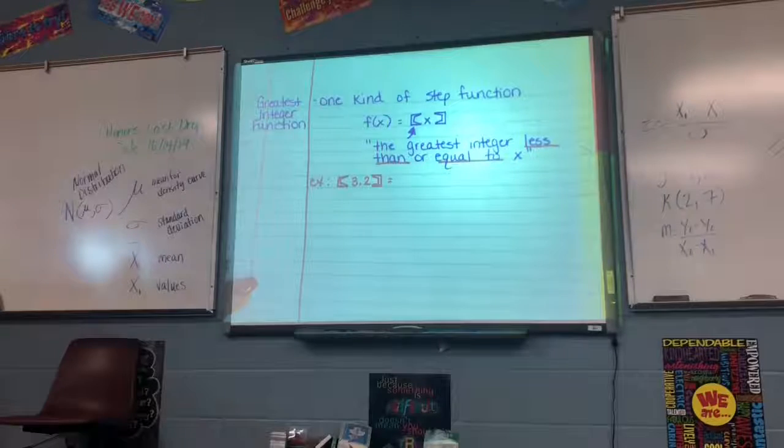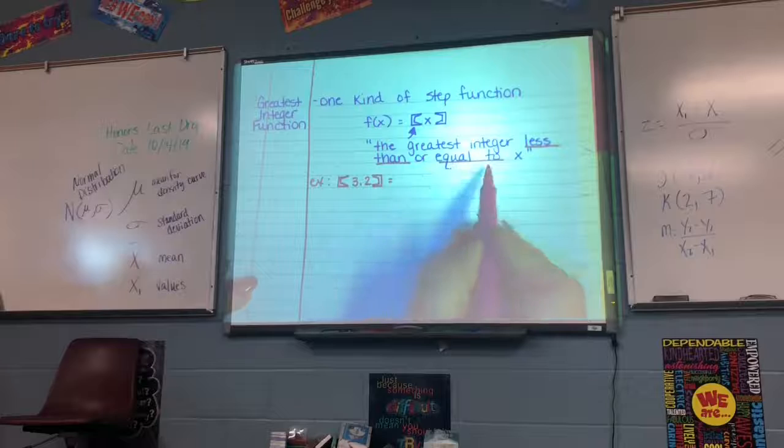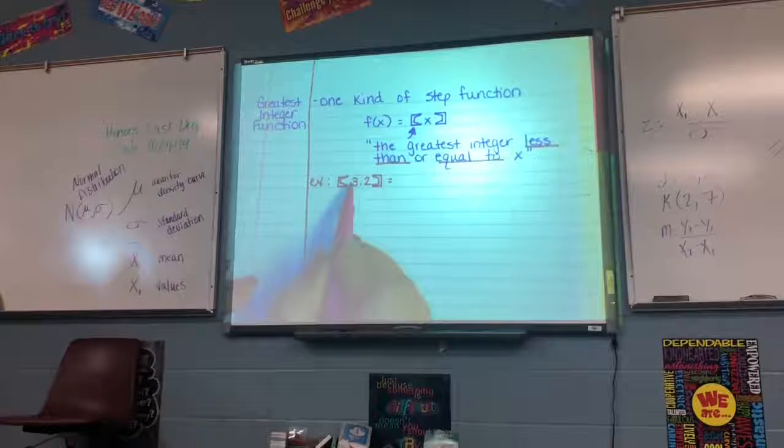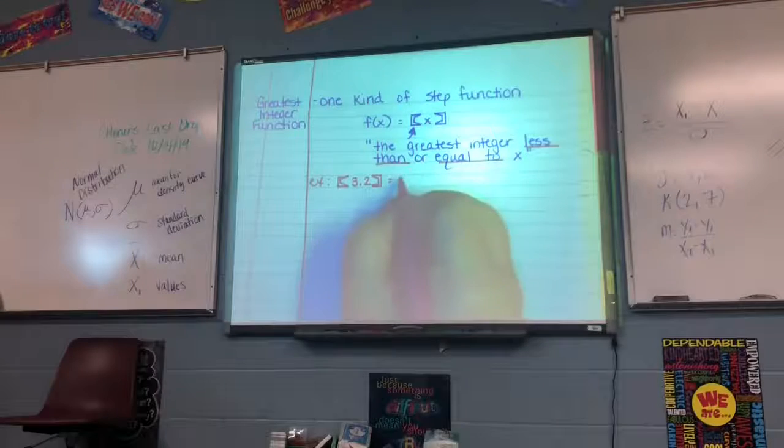Does everybody agree? The greatest integer less than or equal to the value. So the value is 3.2. So it's either going to be 3 or it's going to be 4, well, 4 is greater than, so it has to be 3.